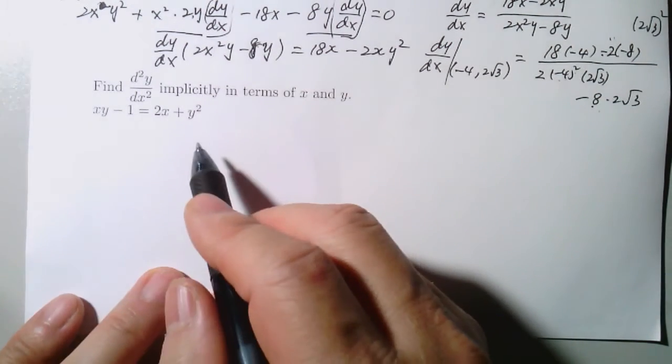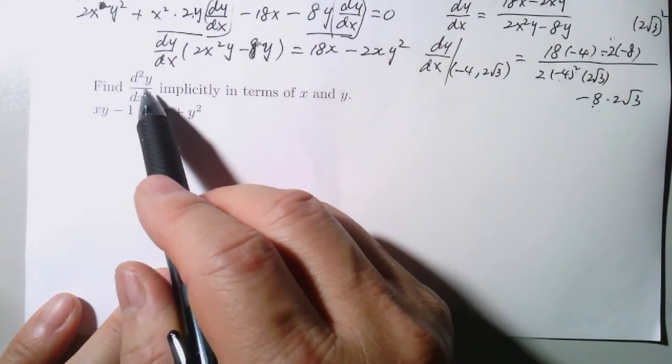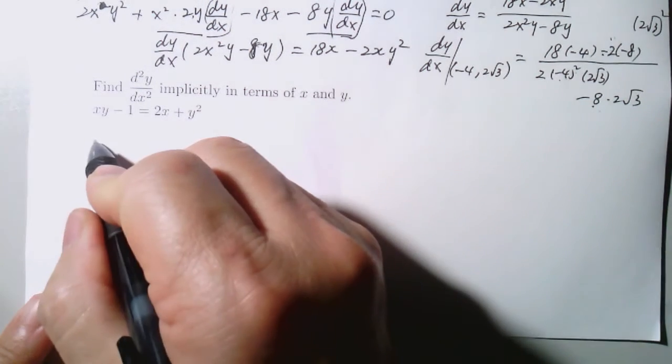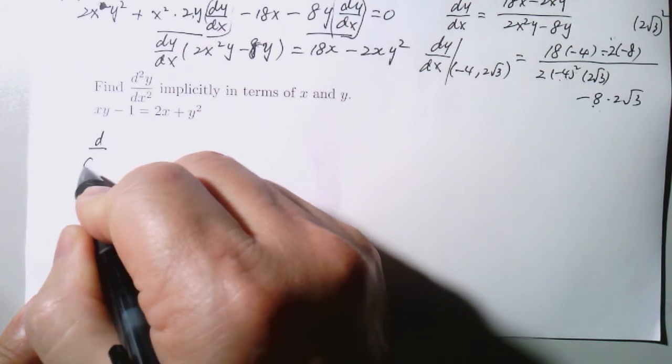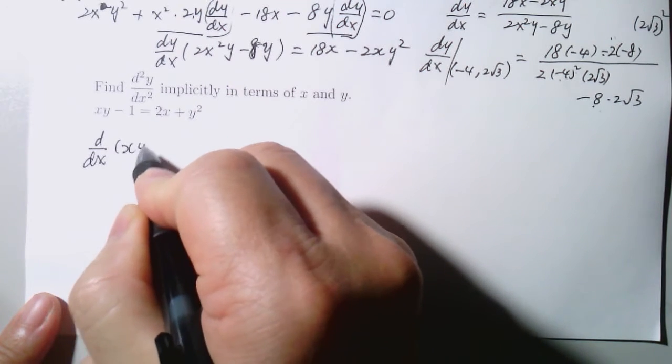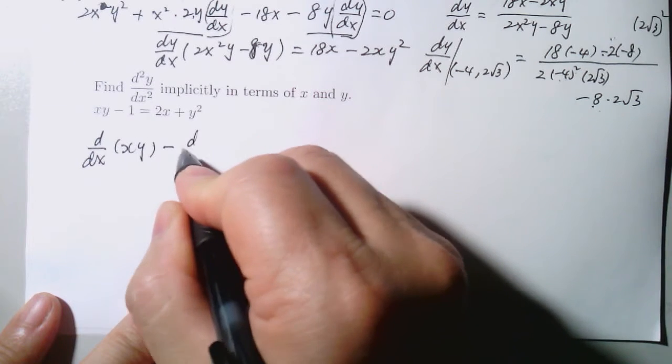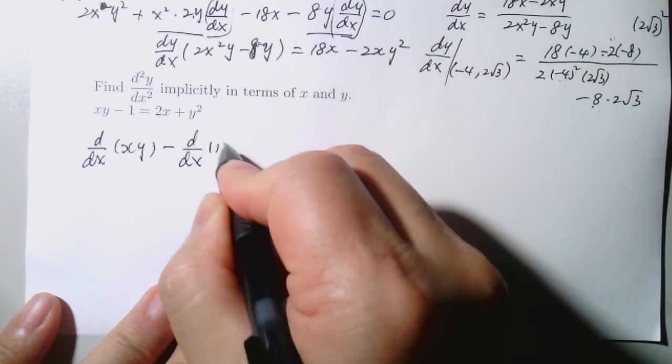So what do we try to do? In order to find a second derivative, you have to find the first derivative first. So what do we do here? We differentiate both sides as always. I take the derivative of each of them.